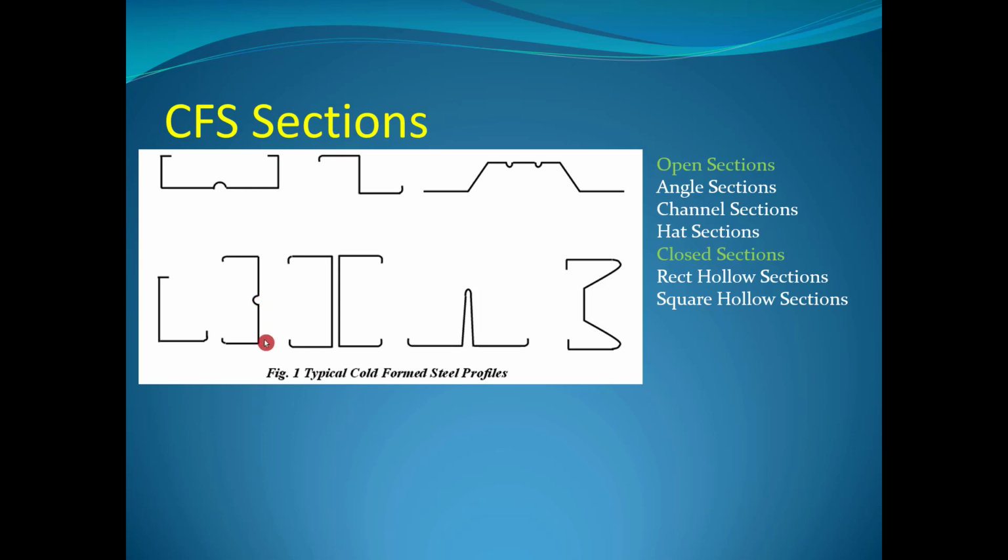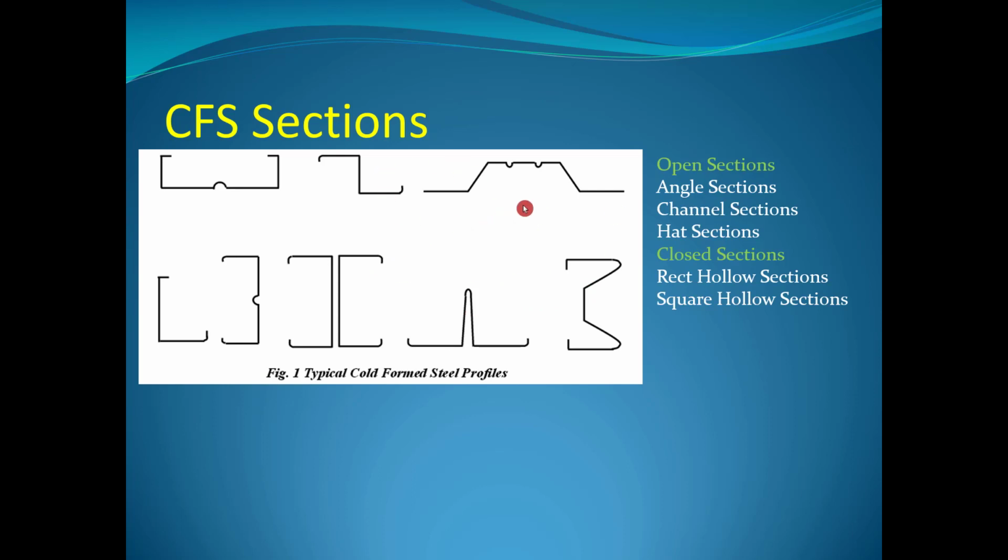So this will be the channel section with this stiffening region, and these will be the flanges, and this long portion will be the web. You can also provide back-to-back channel sections. And these are some rare shapes of cold form steel. As we said, the thinness helps to make very nestable sections.